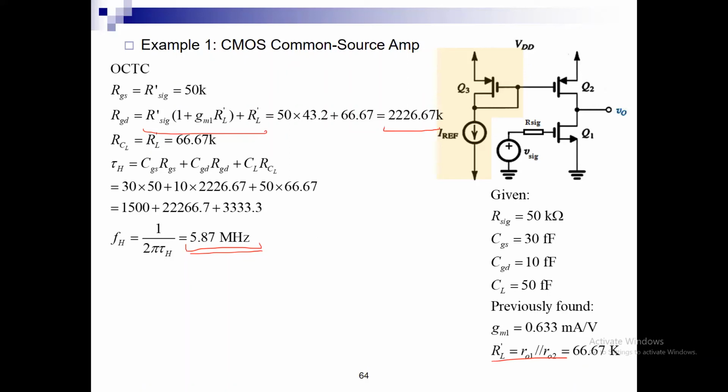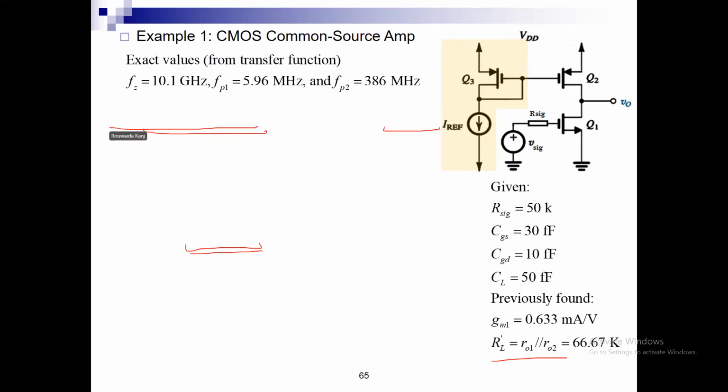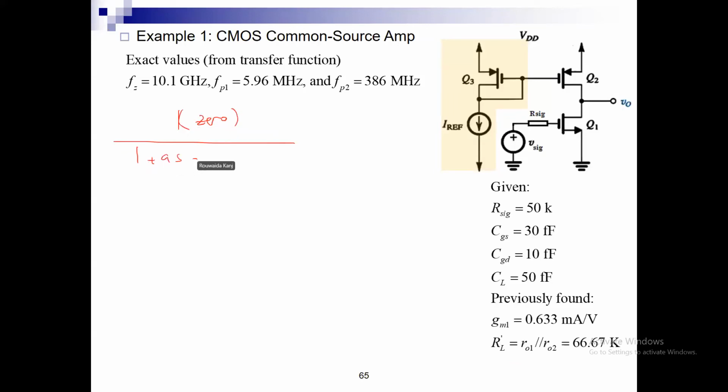The difference is that here the OCTC did not split the capacitor into two. It kept it in its place and it found the exact RGD for CGD. For the exact method, if you recall, we wrote it in the form of the transfer function, some function of the zero over 1 plus AS plus BS squared.